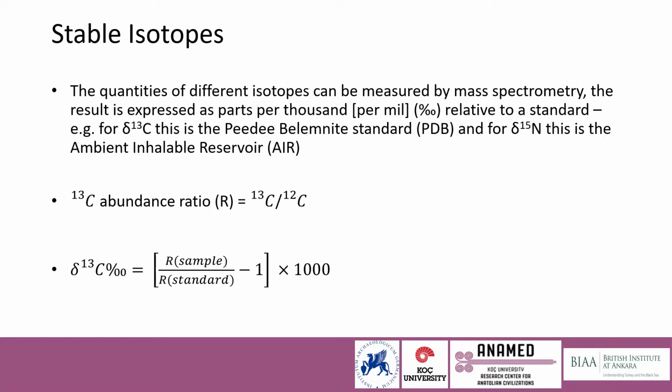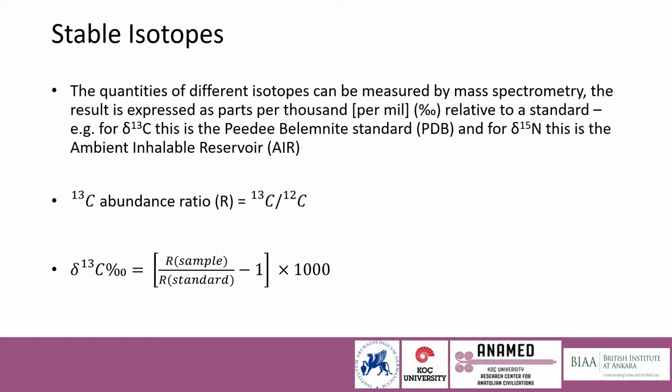It's like a little percentage sign with an extra little 0 at the bottom, and this is relative to a standard. For delta carbon 13, the standard used is the PDB belemnite standard, and for delta nitrogen 15, it is ambient air reservoir air.